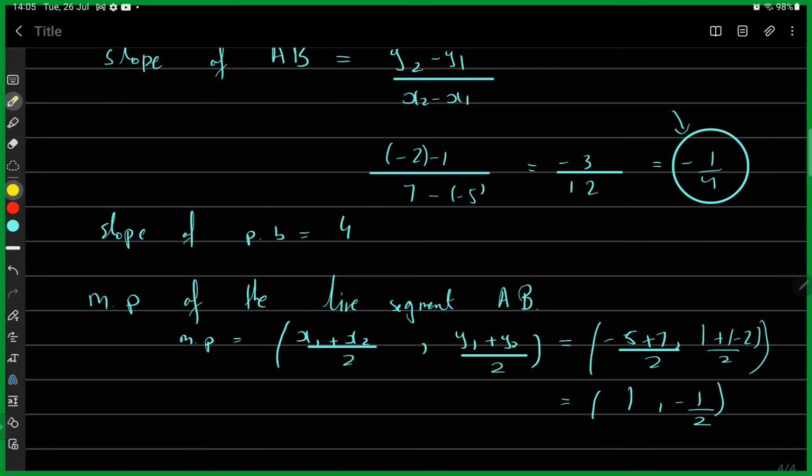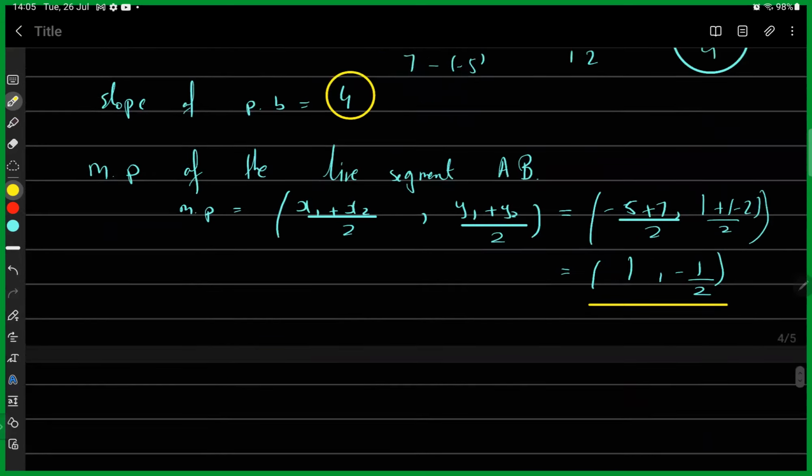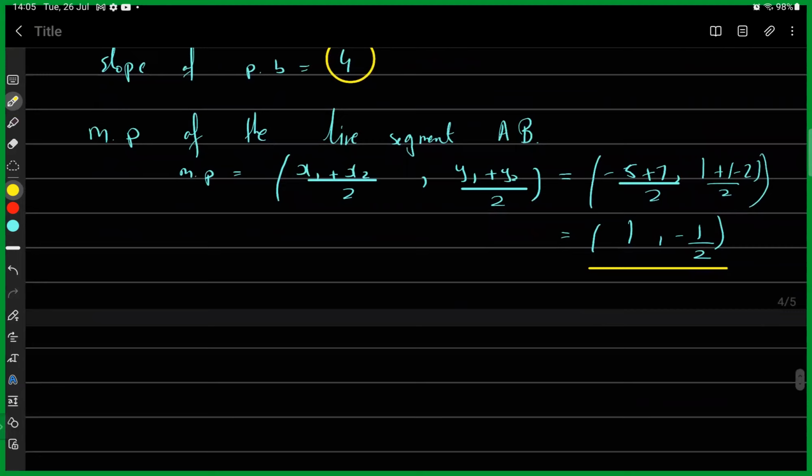I have the slope of the perpendicular bisector. I have a point lying on the perpendicular bisector, so I can easily just use the point slope form and find the equation. So it is y minus y1 equals m, x minus x1.